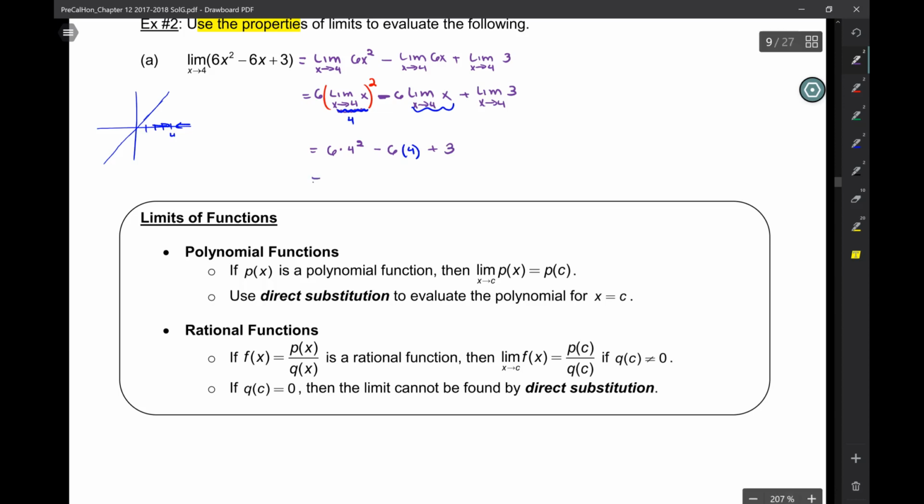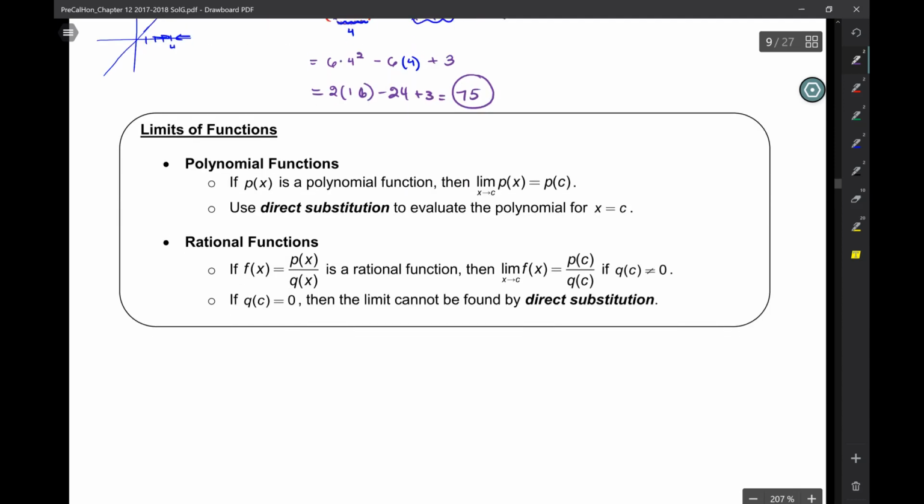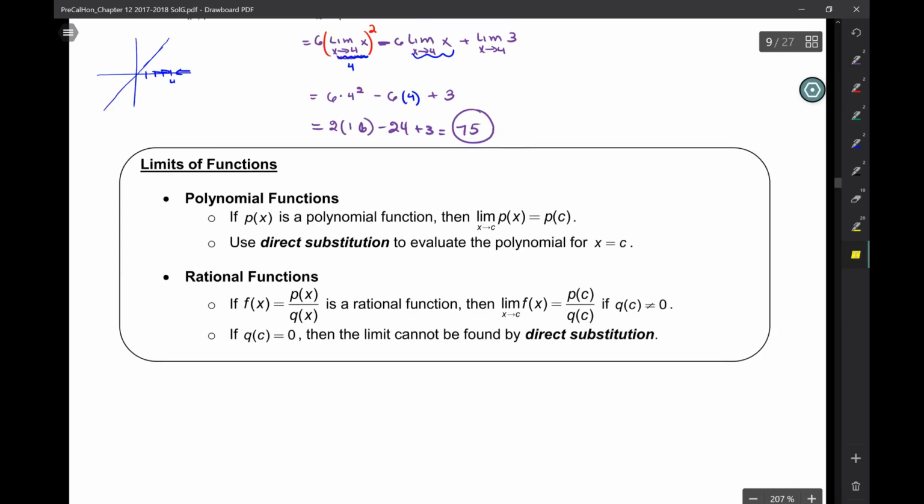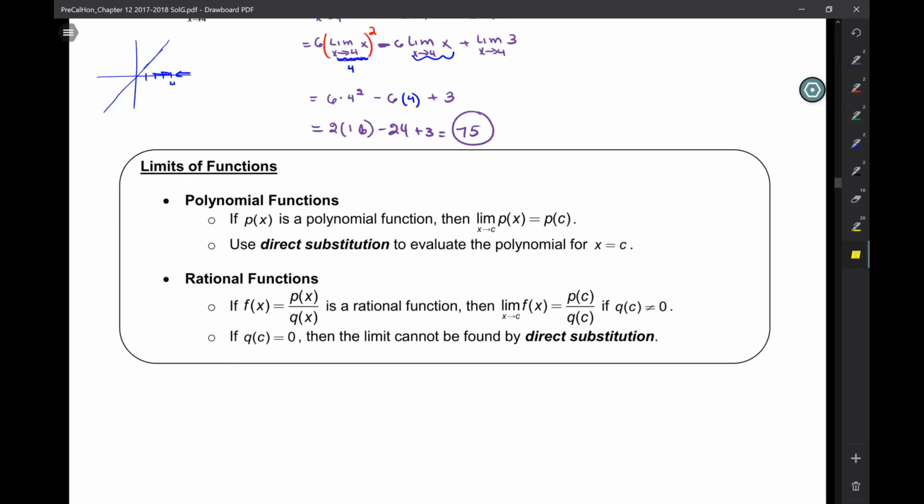So now, take out your calculators, figure this out for me. 6 times 16 minus 24 plus 3. So can we just simply plug that in? You actually could. Wait, it's 2 times? Or 6 times 16, right? Oh, 6 times 16, I'm sorry.